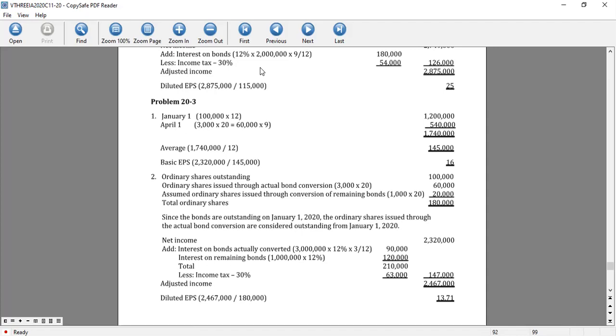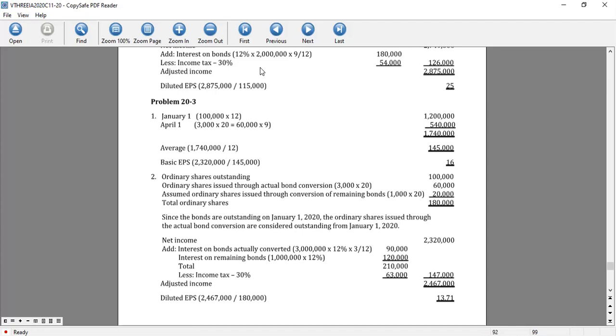The ordinary shares outstanding of 100,000. Then the ordinary shares issued through actual bond conversion is 60,000. And the assumed ordinary shares issued through conversion of the remaining bonds, we still have 1,000.